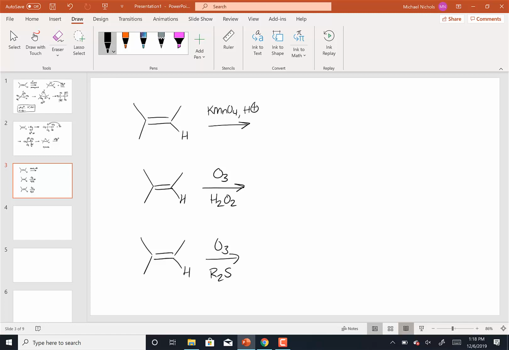In each one of these cases, the first step is to break or erase the double bond and put in 2 carbonyls. So for each one of these, I'm going to cleave them, and each of the carbons that was involved in the carbon-carbon double bond gets oxidized up to a carbonyl.